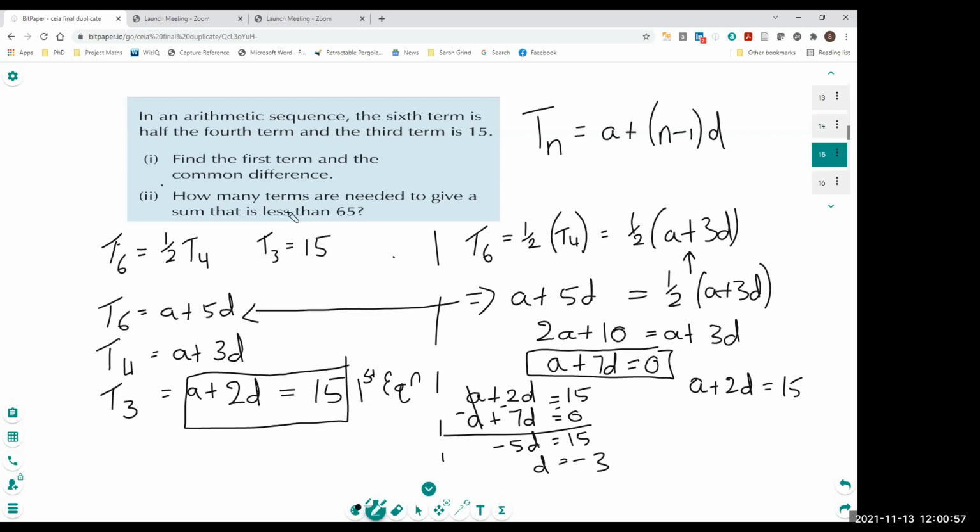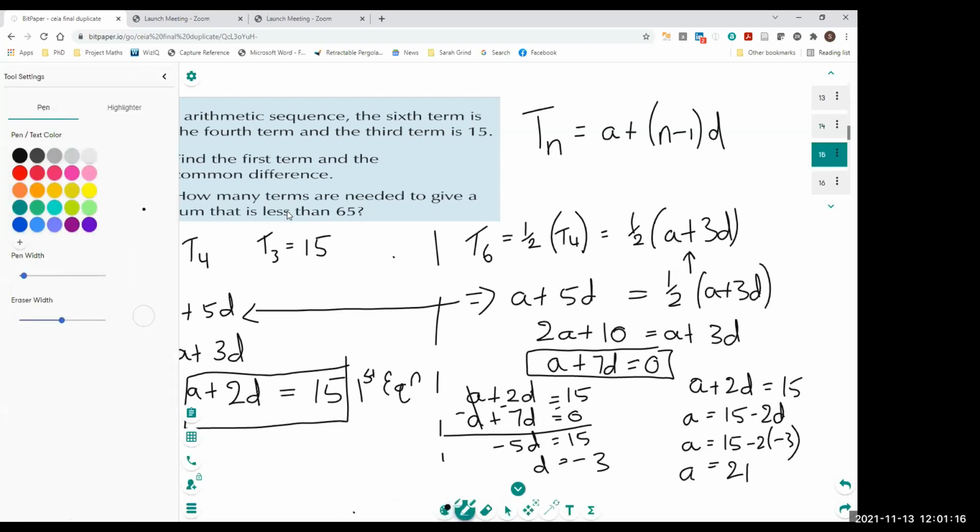That's one of our equations. So A is equal to 15 minus 2D. That means A is equal to 15 minus 2 times minus 3, and that's equal to 21. So A is equal to 21.